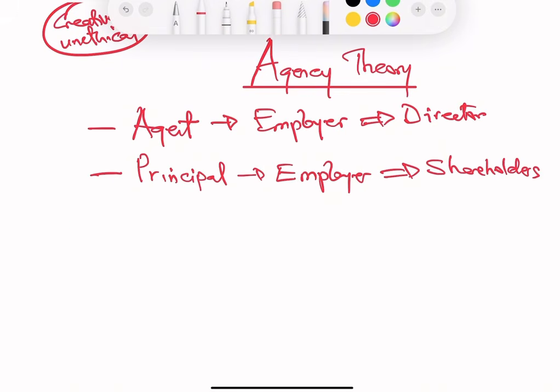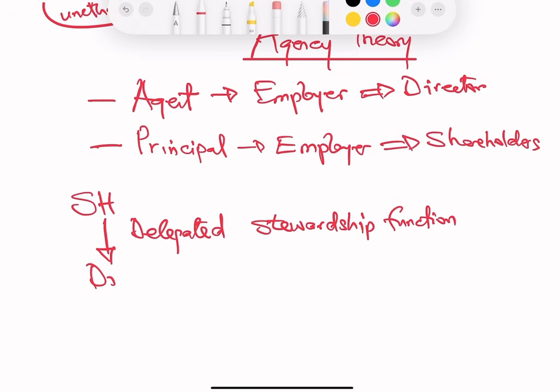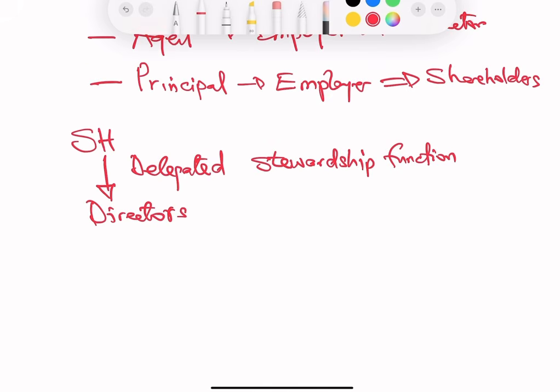So what we are saying is that the shareholders have delegated their right, what I will call the stewardship function, control, to the directors. So the directors will be the ones guiding and leading the company to achieve the shareholders' objective, because the shareholders will not be involved going forward. They will just come once in a while to understand what is going on.